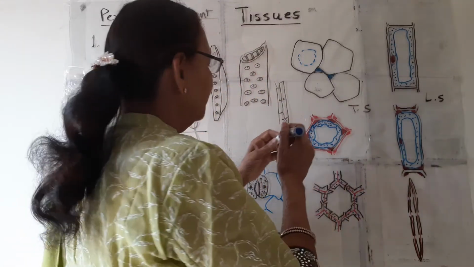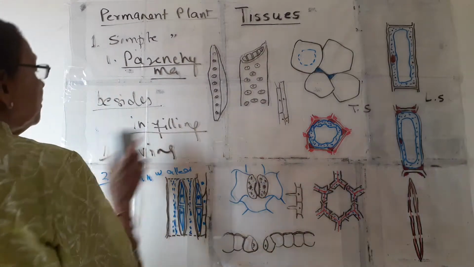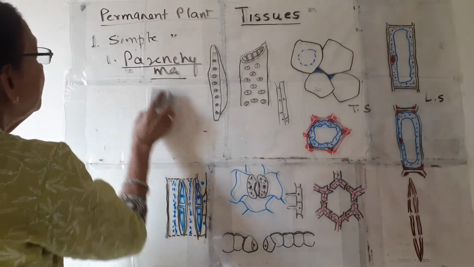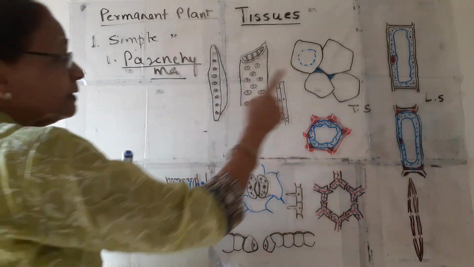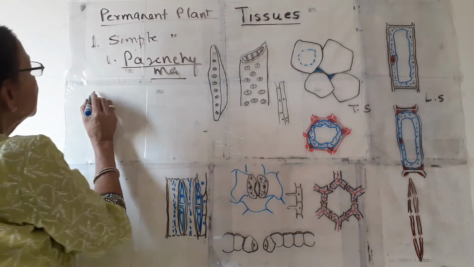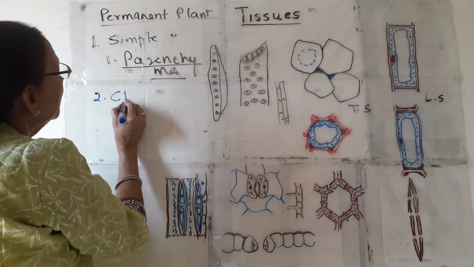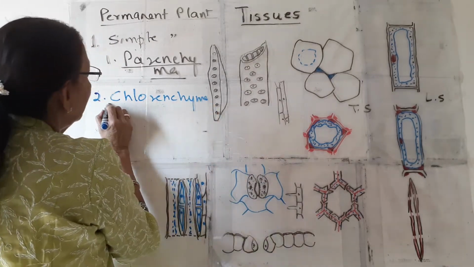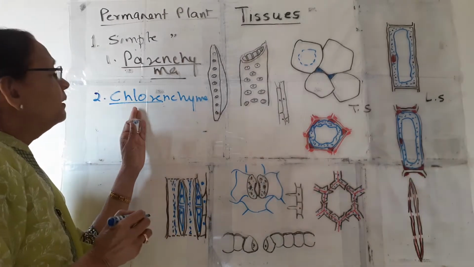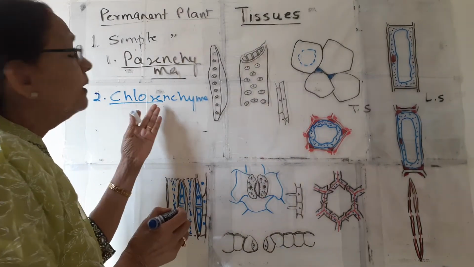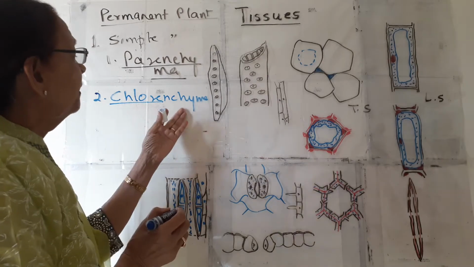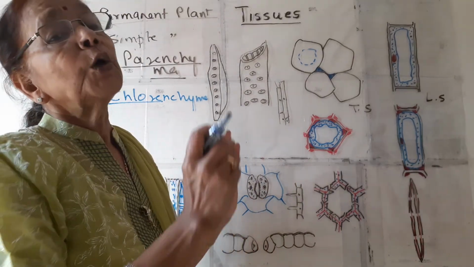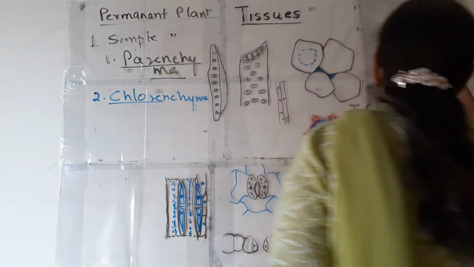Parenchyma can also be of three types. What are these types? One is simple, as we have just seen. The second parenchyma is known as chlorenchyma. The word is from chlor, which is for chlorophyll. Chlorenchyma means this type of parenchymatous tissue has some chloroplast within its cell.